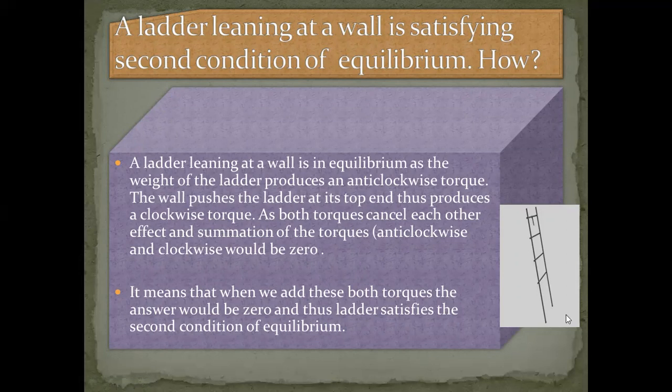You have seen a ladder, and a ladder has a weight, and its weight is acting downward, due to which the ladder produces an anti-clockwise torque, and the wall exerts a force on the top of the ladder, and the wall produces a clockwise torque. When you add both torques, you know that clockwise torque has a positive impact and anti-clockwise torque has a negative impact, so the answer would be 0.